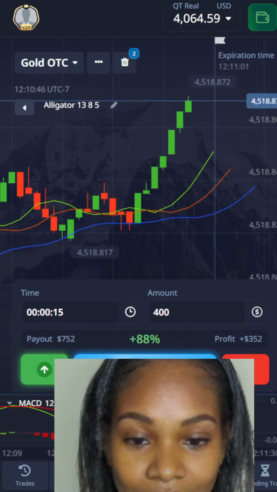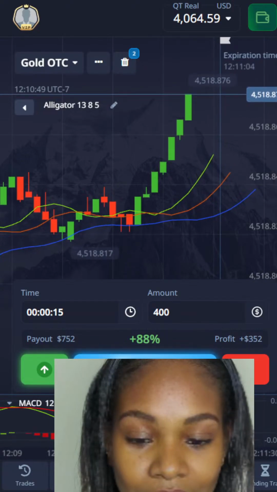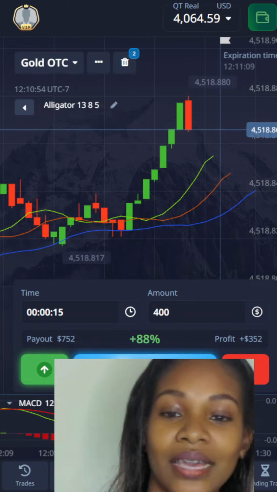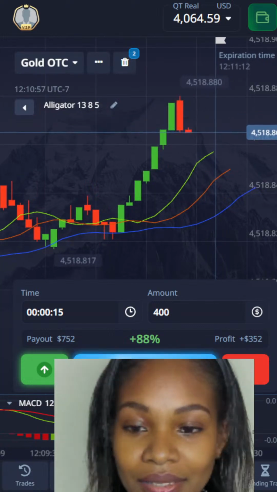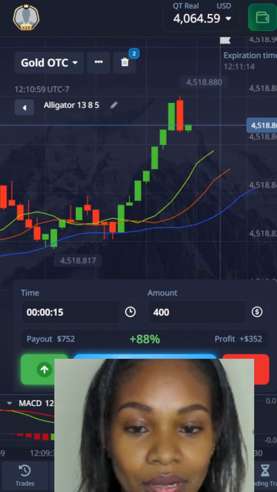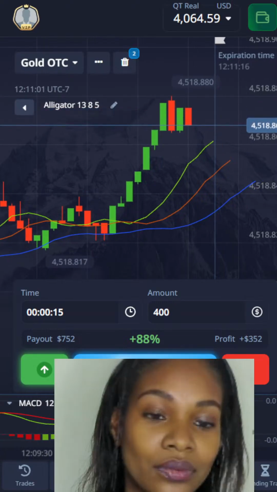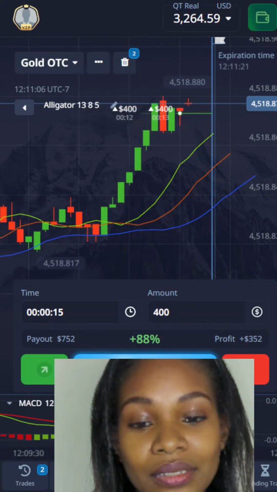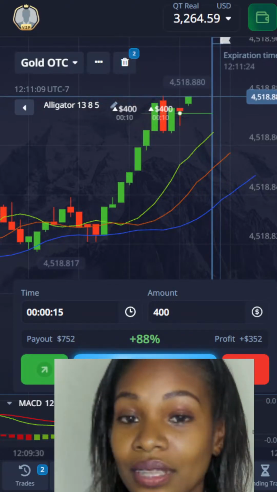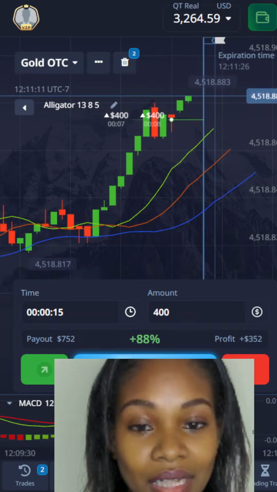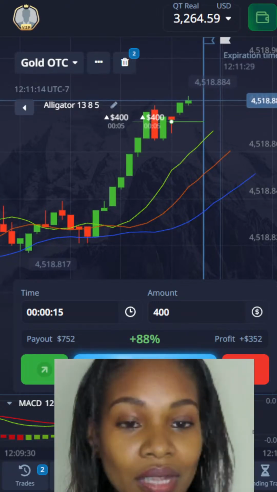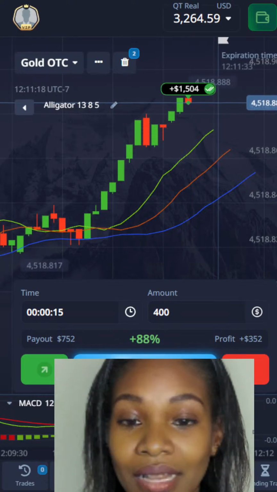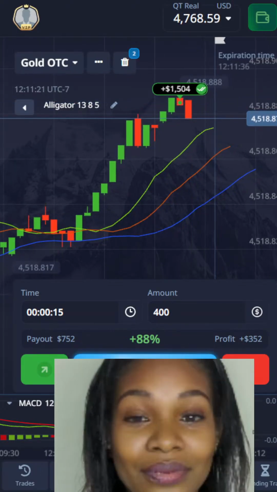I am looking at the gold OTC chart over here. As we can see right now, we are in an uptrend. And like I was telling you yesterday, when we are looking at market structure, yesterday I emphasized so much that market structure is very, very important for us as traders. If you are using price action, one thing you have to make sure is that you learn it.